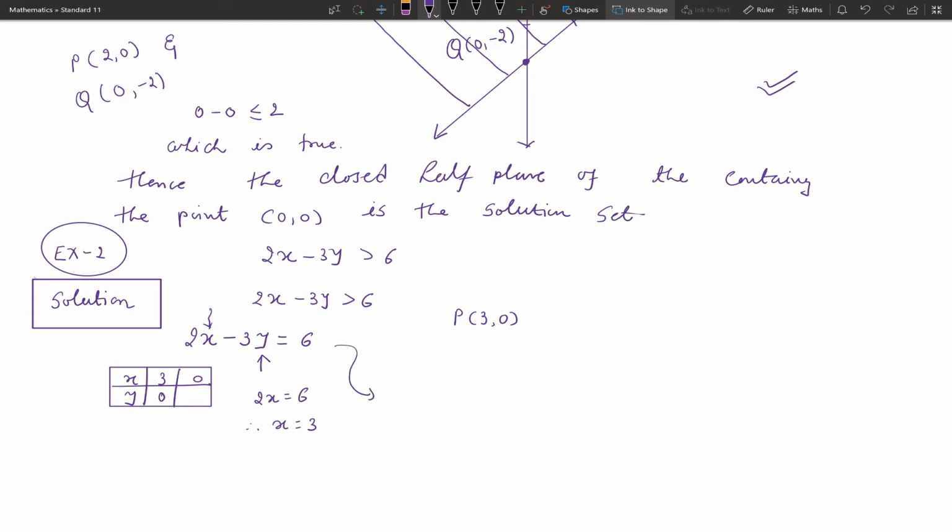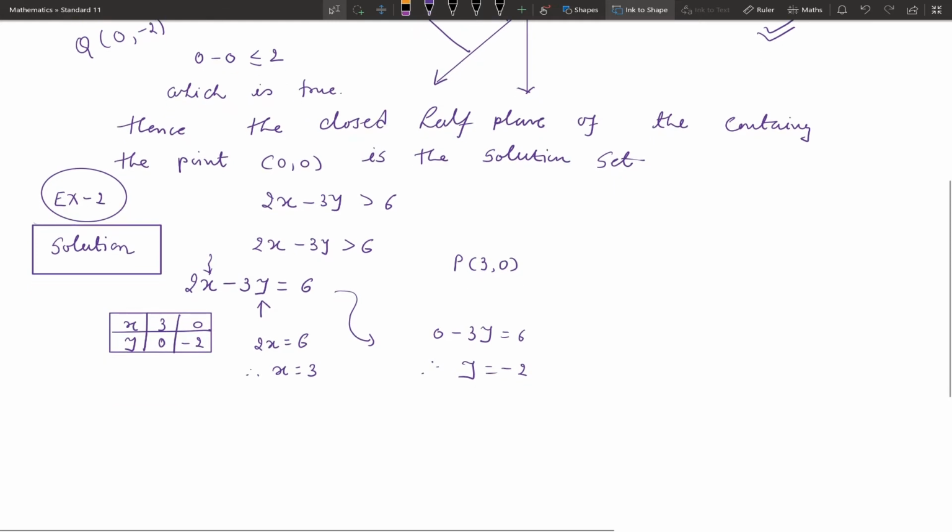In the equation 0 minus 3y equal to 6. So y will be minus 2. So one point is P 3, 0 and another point is Q 0, minus 2.